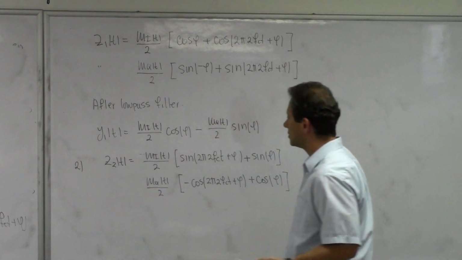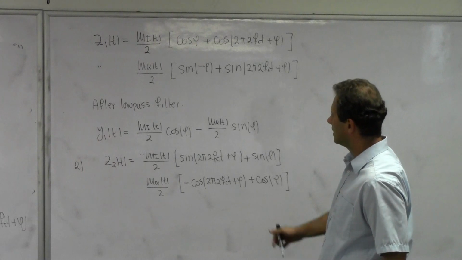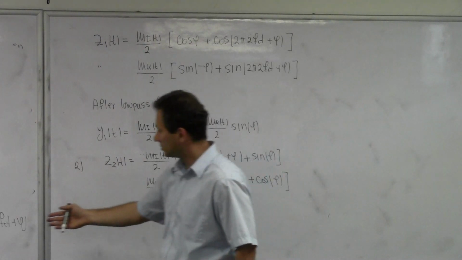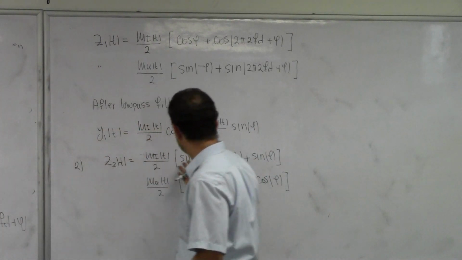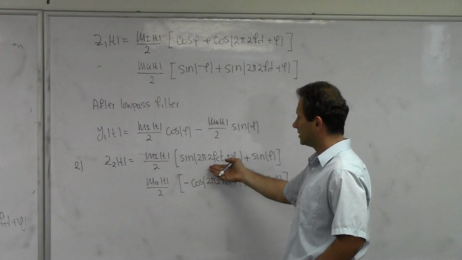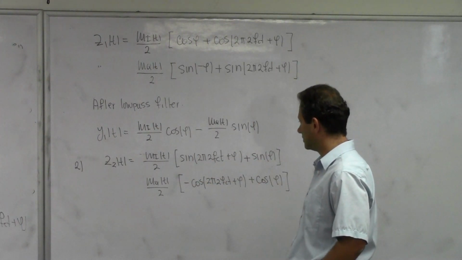Okay? So now, that's Z2. Again, I'm using the trig identities, cosine times sine, and then I get two terms, the sine of the sum and sine of the difference and so on.